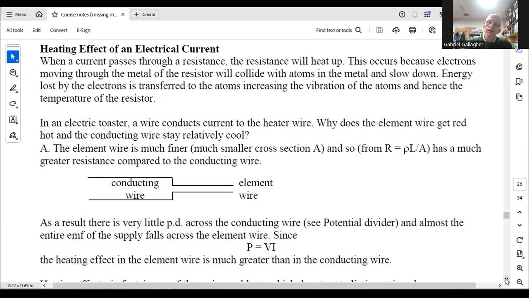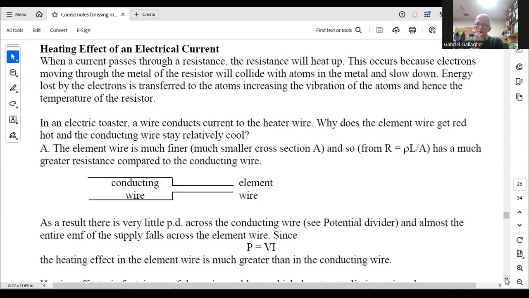And so it has a very, very high resistance, whereas the conducting wire, the wire in the cabling, is a much thicker wire. It has a much lower resistance. And if you attach a small resistance to a large resistance, then an awful lot of the potential difference gets dropped across the large resistance.